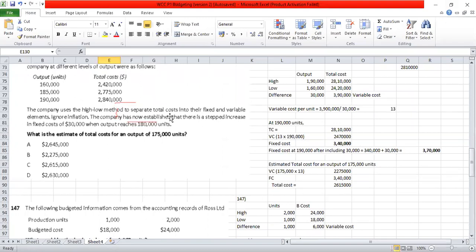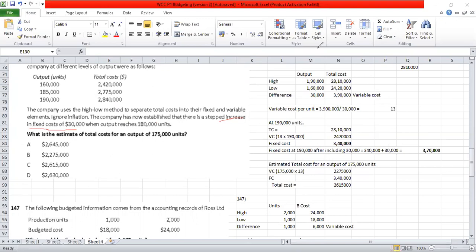Here it says there is a stepped increase in fixed cost. Only the fixed cost has increased by 30,000. You see this one, a stepped increase in fixed cost of 30,000. So when we calculated, variable cost is unaffected, only the fixed cost is increased by 30,000.